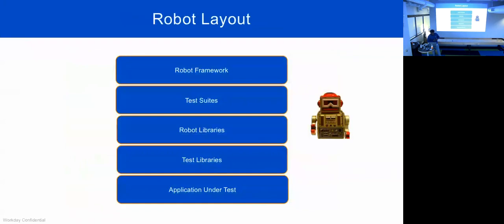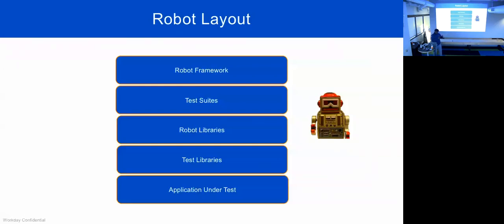So this is our typical Robot layout. Different people use it differently, but the bottom layer is the application under test, and then you write test libraries, which is basically Python, and then you write Robot libraries, which is again Python. The main difference between these two is you write logic in the test libraries, but you won't write logic in the Robot libraries.